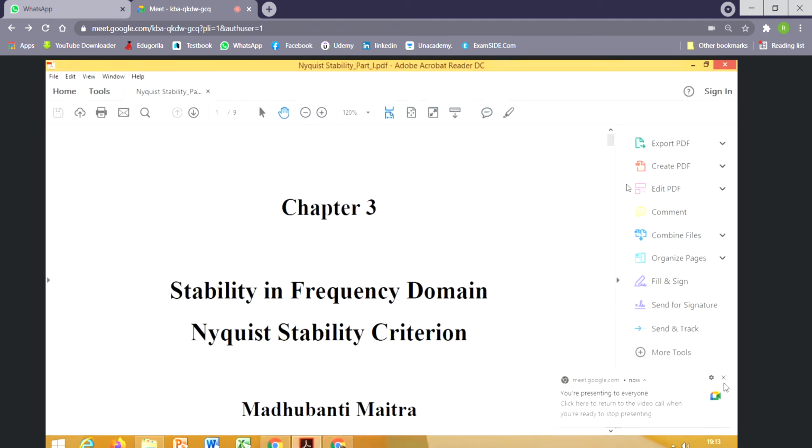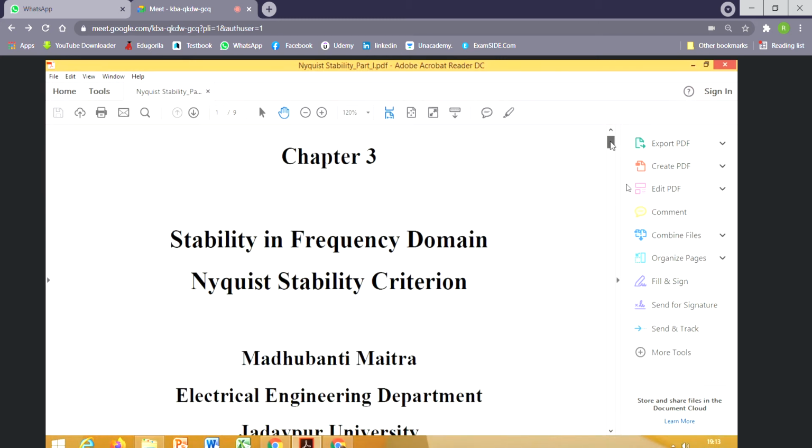Okay, the next chapter, the third chapter, is on Nyquist stability criterion. And Nyquist stability criterion is a stability criterion based on frequency domain. That's why it's written over here, stability in frequency domain, Nyquist stability criterion.